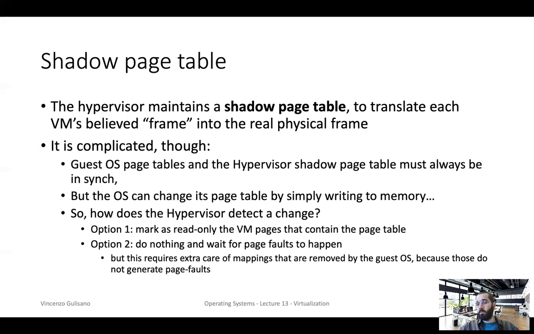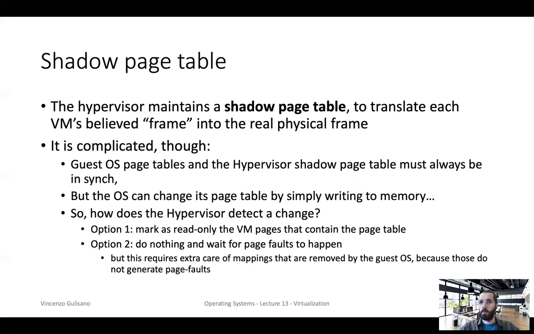They need to be the same, because if the hypervisor thinks something and the guest operating system thinks something else, of course, that will eventually end up in problems, because the guest operating system will try to access memory that does not really belong to that process or even to that entire guest operating system.